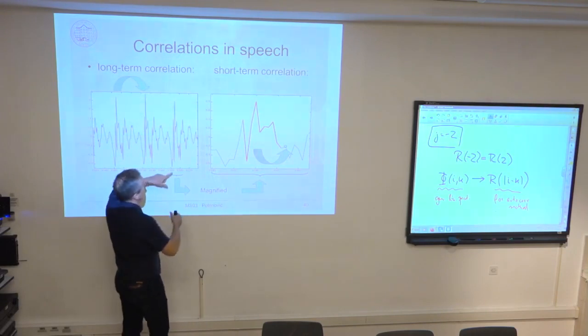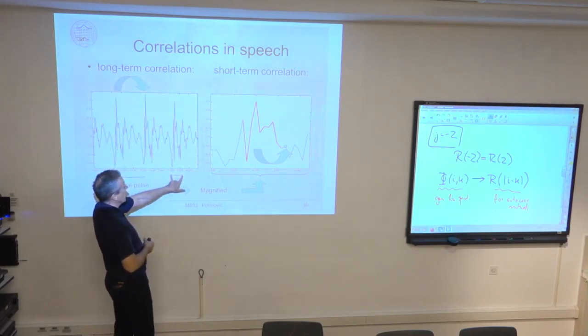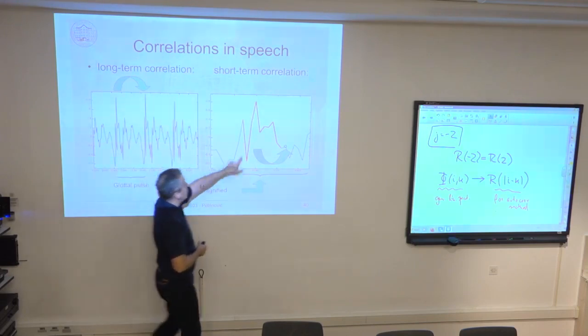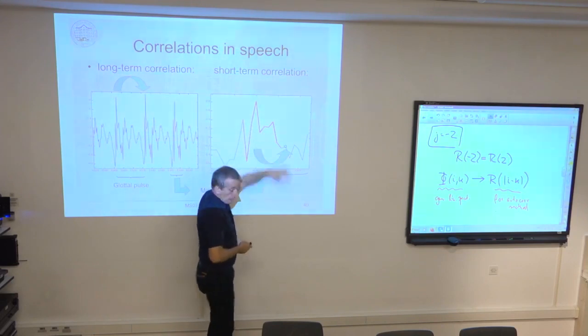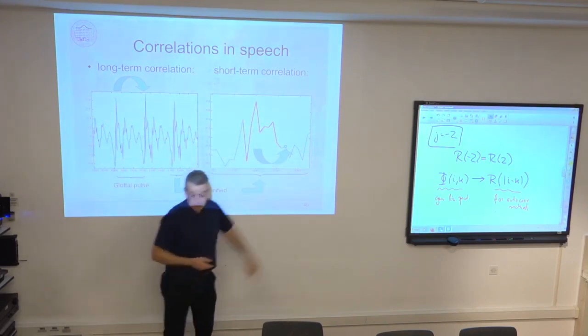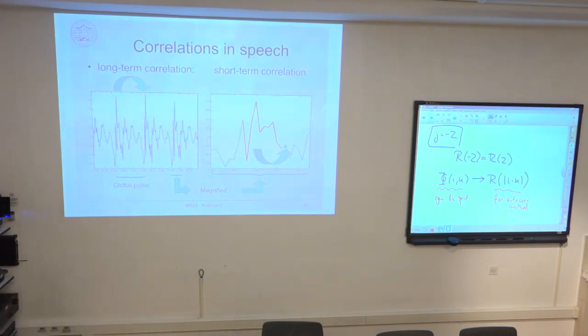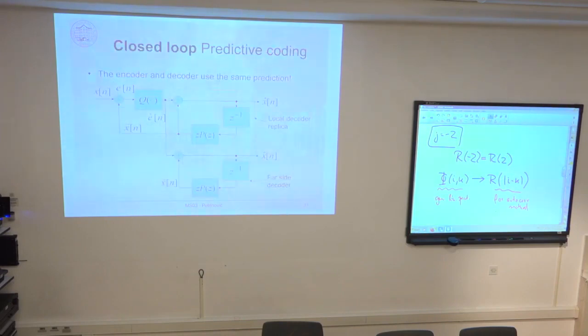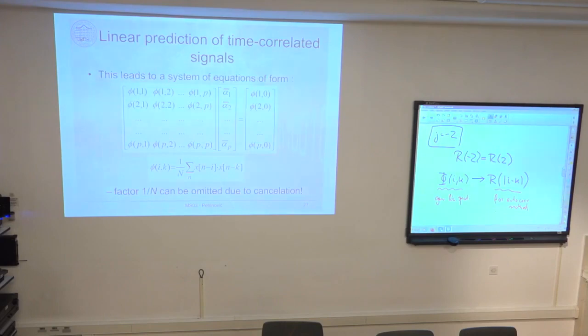So if I magnify this region here, I would see something like this. And these red samples are those that I used to predict this green sample here. That was exactly as was illustrated before in this example, in this plot.